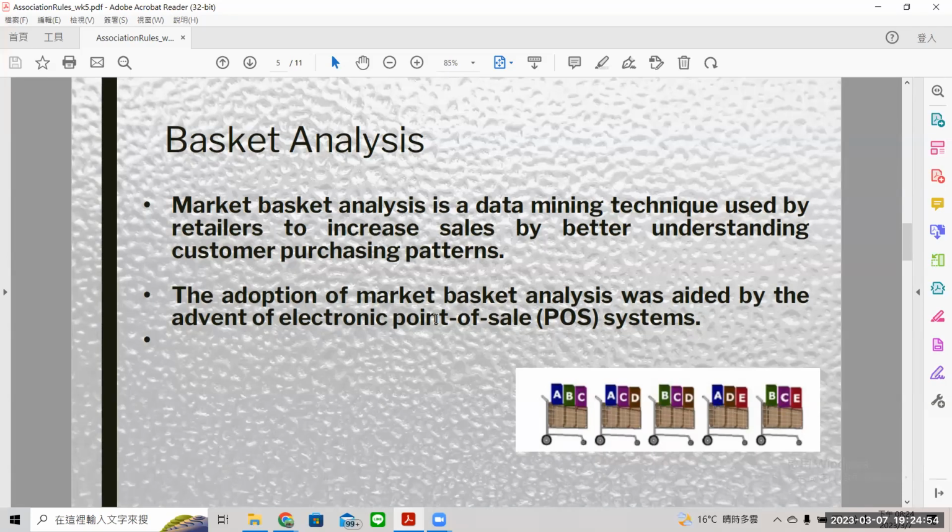Once you go to a supermarket or a mall, you purchase many different items, right? You could purchase clothes. You could also purchase food. You could purchase anything you need.